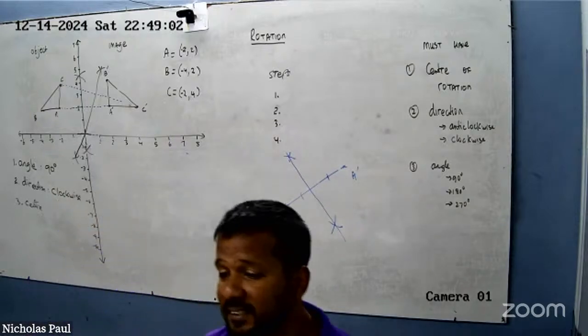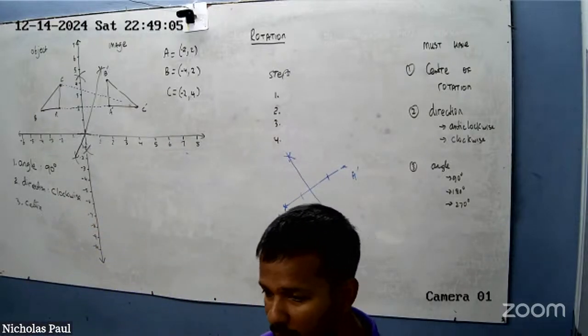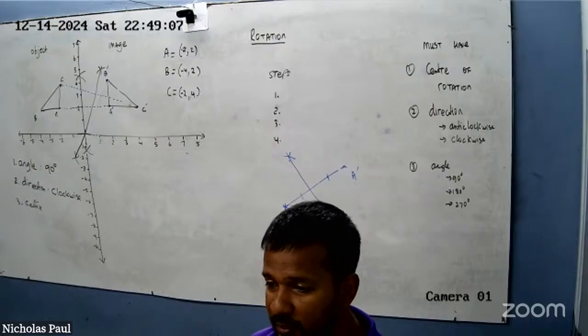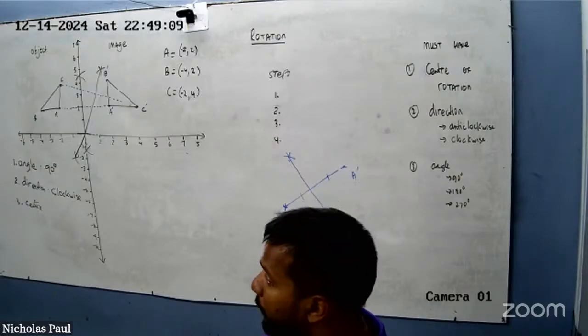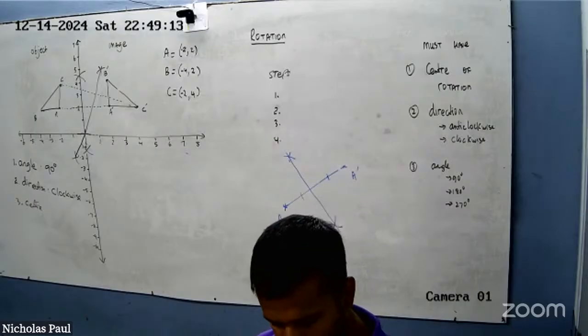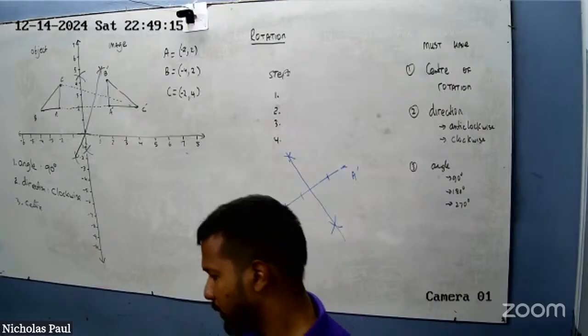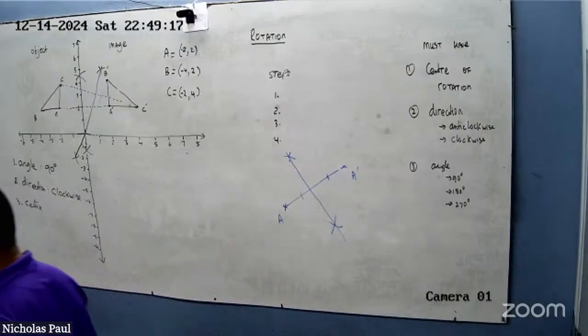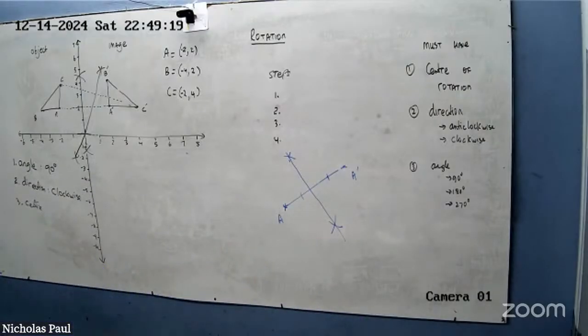Jamal, attention. Do BB prime, and it should meet at the same center. All right, so that is how we do rotation. When school opens, we'll do reflection and enlargement.